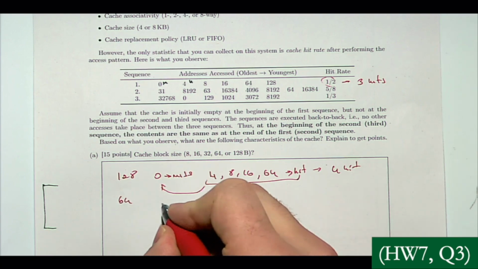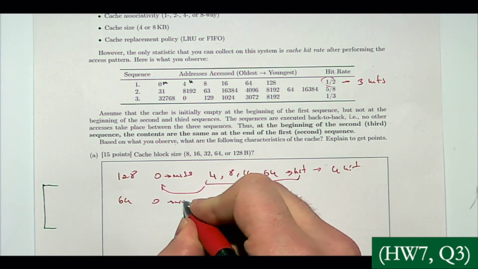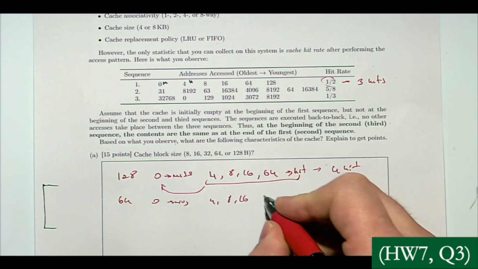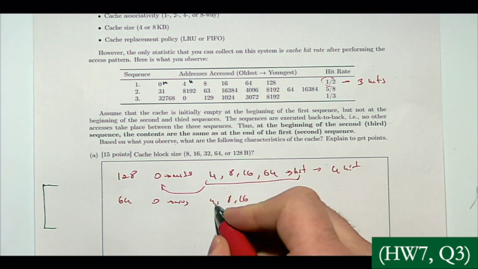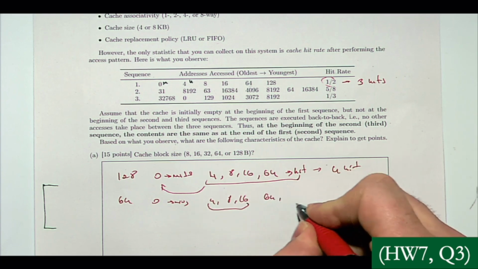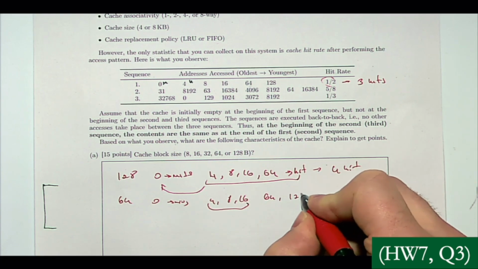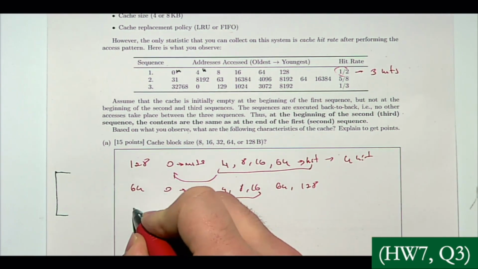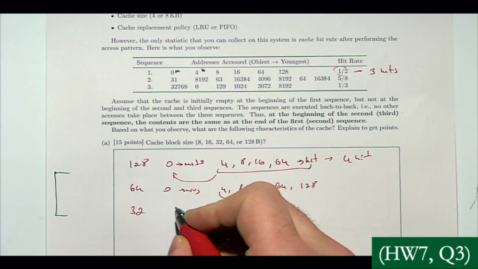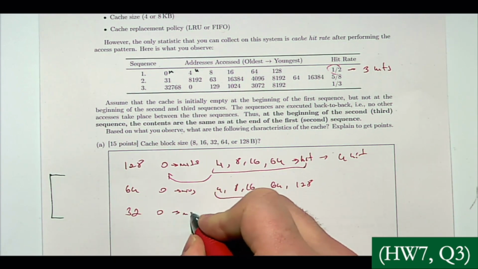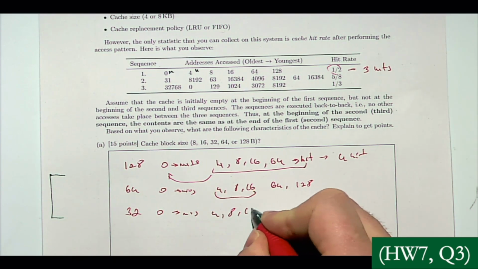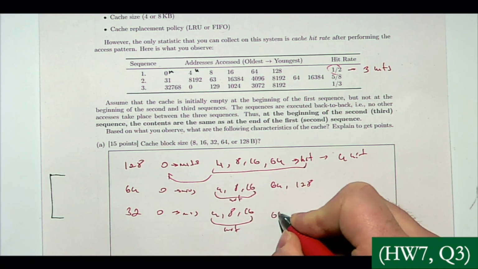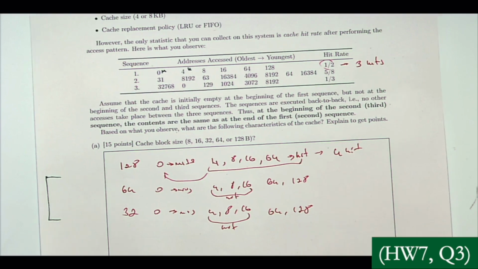So let's try 64. For this one, again, 0 is a miss, and again 8 and 16 will be hits. 64 and 128 will be misses. So this kind of works. Let's try 32 again. 0 is again a miss. 4, 8, 16 are hits, and the rest are misses.